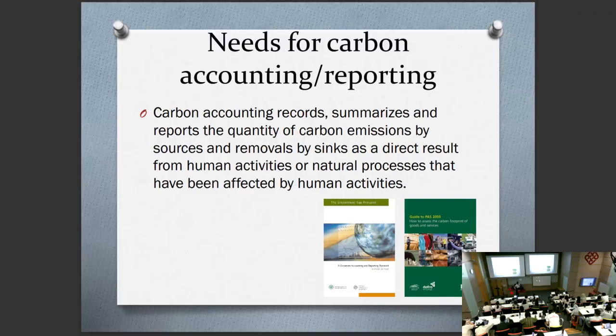So carbon accounting records, summarizes and reports the quantity of carbon emissions by sources and removals by sink as a direct result from human activities or natural processes that have been affected by human activities.